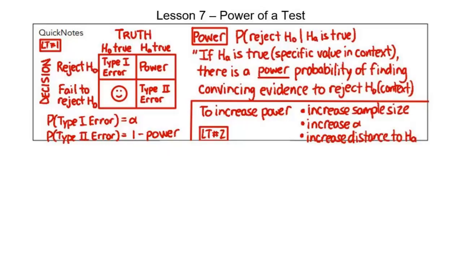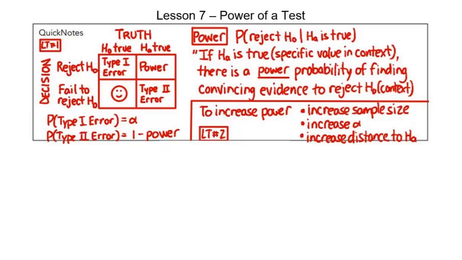That is our power. The probability of a type 2 error plus the power equals 1. So if I want to know the probability of a type 2 error and I know the power, I can subtract those to find the probability of a type 2 error. Interpreting the power, if the Ha is true, and then you have to give a specific value in context.